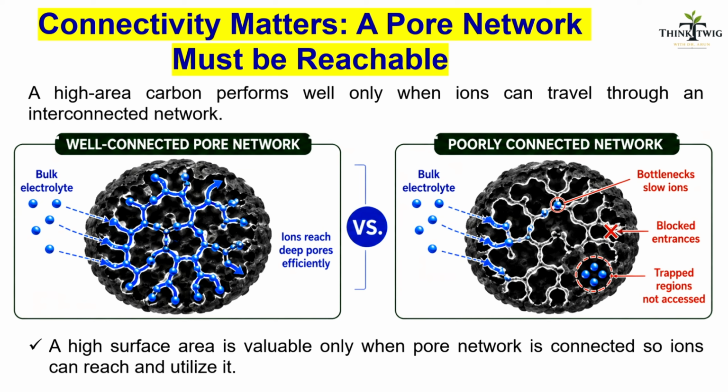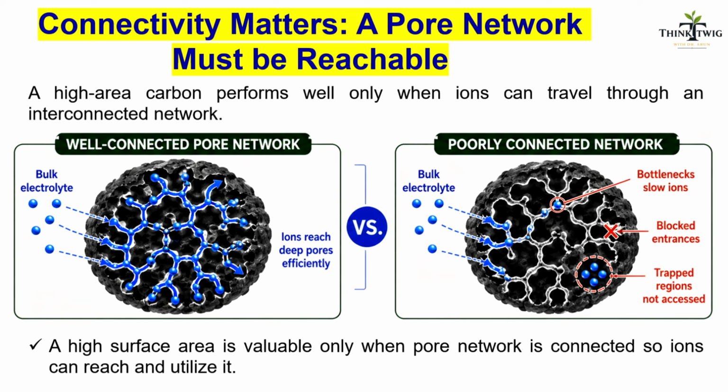Now put one narrow or difficult region somewhere in this pathway. What happens? Everything beyond that region becomes harder to reach. This is why porous carbon should not be looked at as a collection of separate holes. It is better to think of it as a connected transport network. And in this network, a pore is useful only when the ions have a good route to reach it.